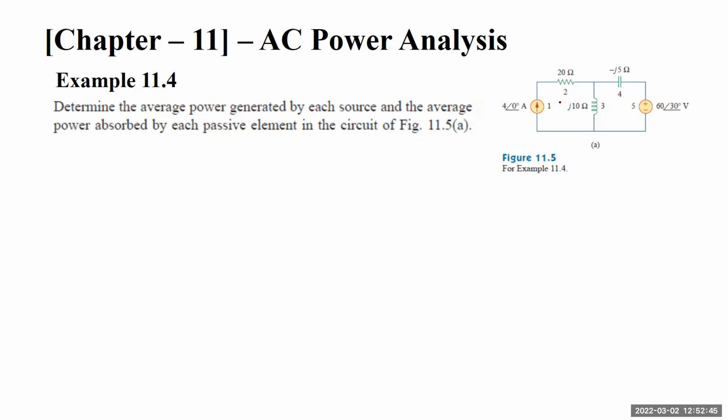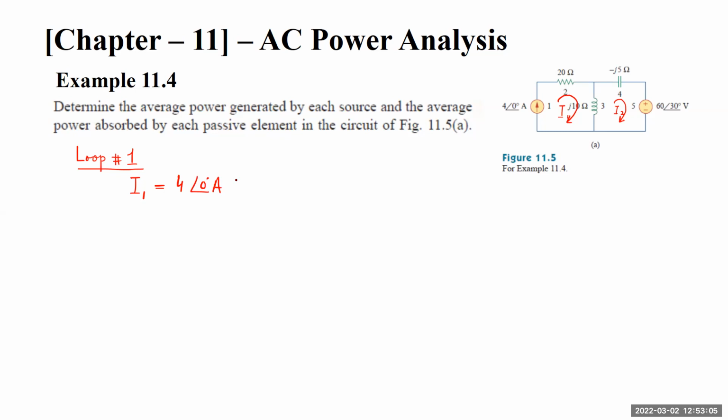To solve the circuit, we simply use the mesh analysis technique. So this is my current I1, loop 1, and this is my loop 2. For loop number 1, we have a current source in the loop, and I1 will be equal to the value of the current source.